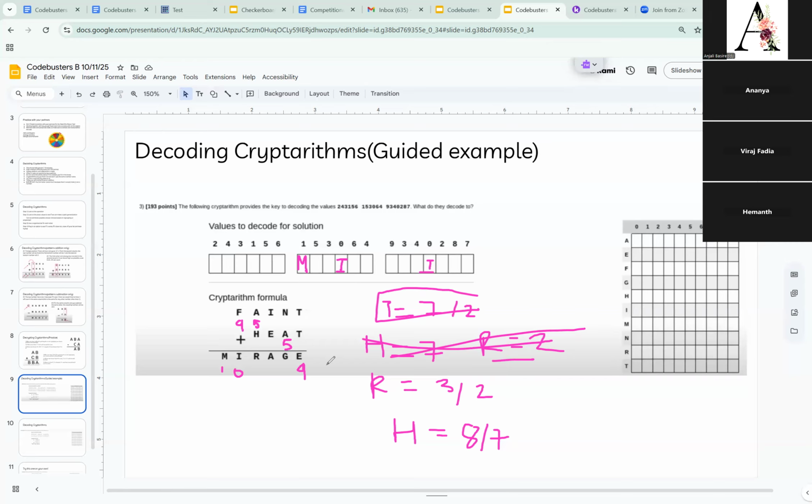And then since we know that it can't be 7 or 2, then H is 5 or 8, sorry. And then R is 13. So now that we have those values, we still know that T is 7 or 2. So, and we know it's 4 over here, and then 0, 5.